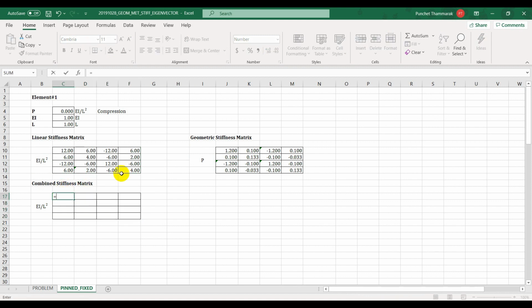In order to combine it, it has to be this value minus P, multiplied by this part, and P has to be locked in the cell so it doesn't move. It goes like this and copy down. If you increase the value of P, you start seeing the effect.